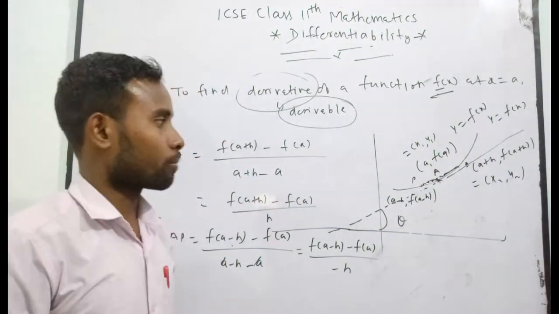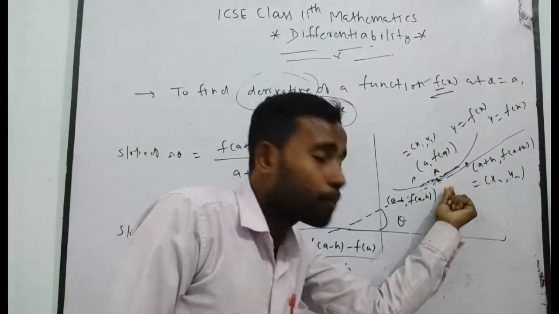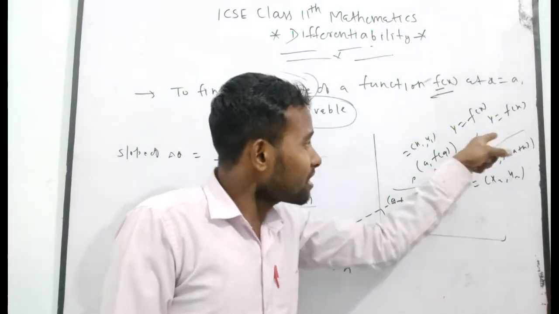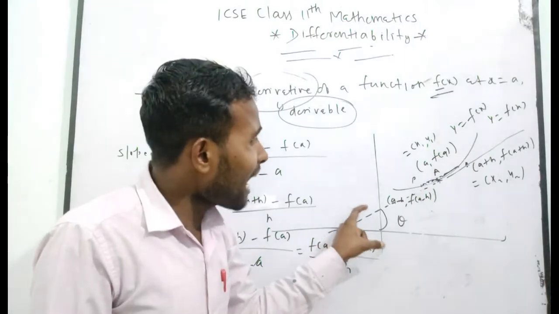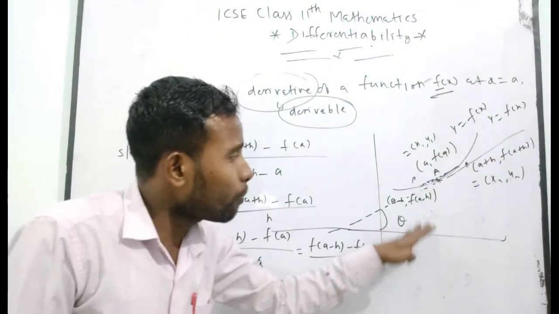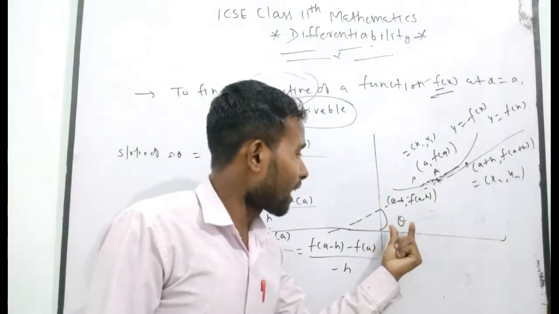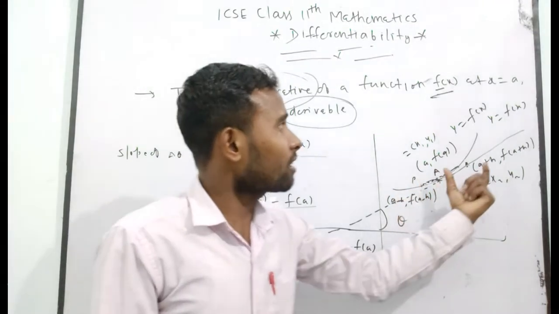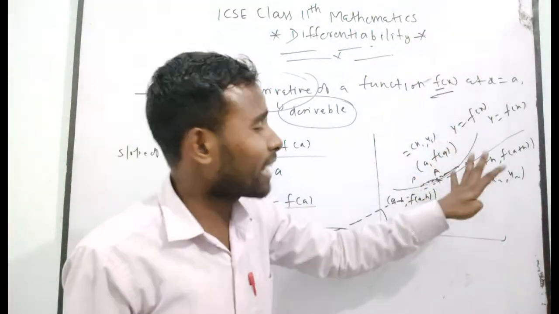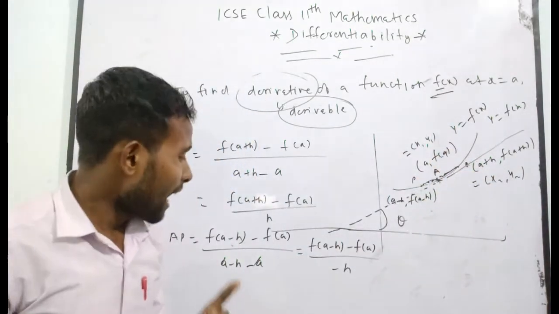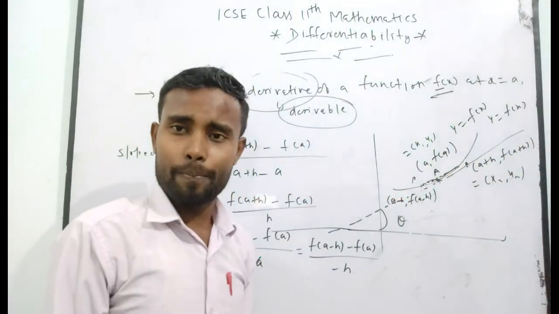If you don't know this angle, you couldn't determine the tangent of f(x) at x equal to a. So firstly I want to draw the tangent at x equal to a.